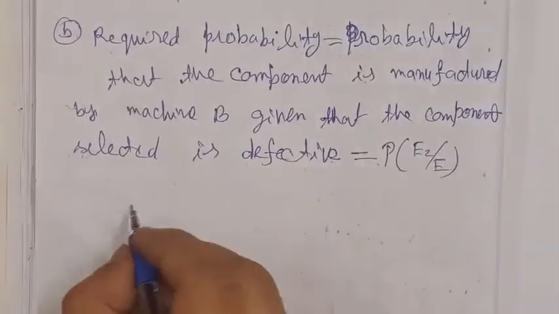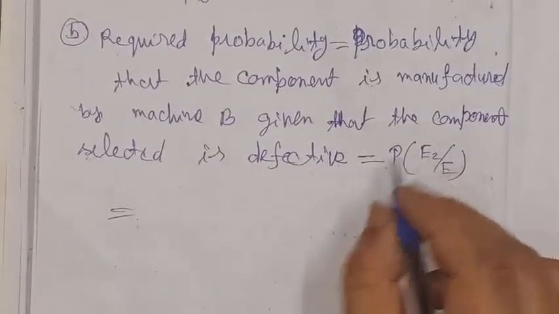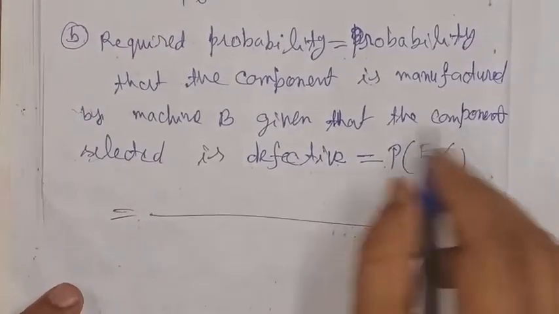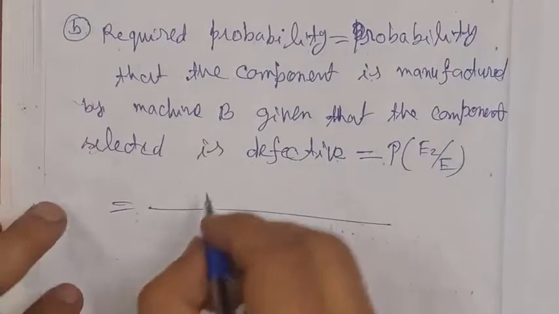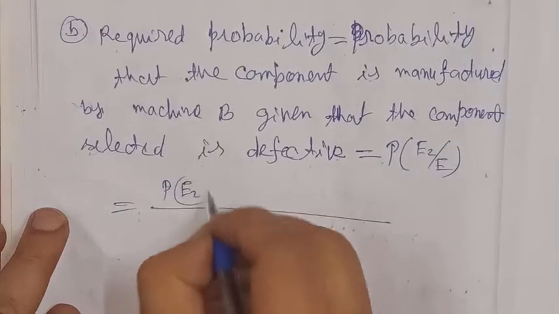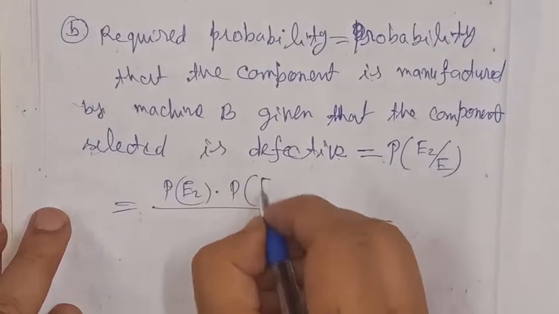By Bayes theorem, we write for this value P(E2) multiplied by P(E by E2).